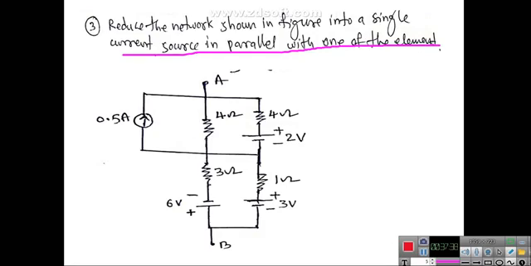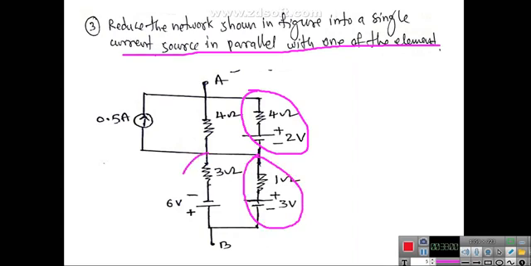Then you try to reduce that network and get a single current source in parallel with one of the elements. Here a voltage source in series with the resistance, this is one, you can convert that into a current source. Here also you can convert it into a current source, and here also.